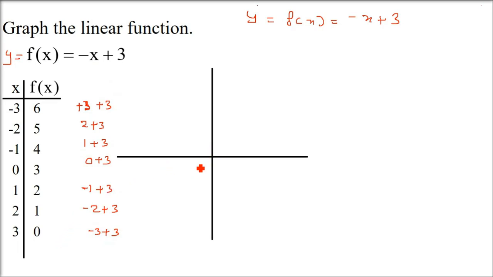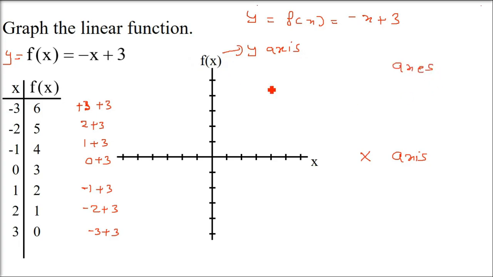Okay, what do we get? x and y values. Now in a graph, just put these values or markings equidistant. This is called the x-axis of the Cartesian coordinate system. This is the y-axis of the Cartesian coordinate system. Both of them combined are called axes.